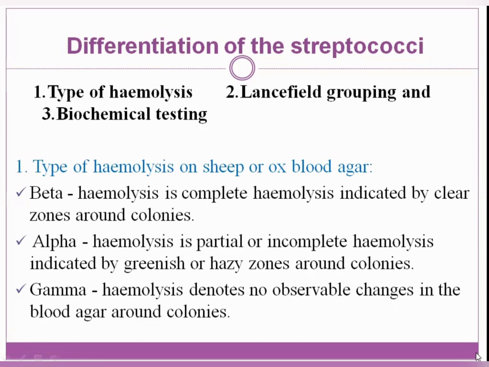Gamma hemolysis denotes no observable change in the blood agar around the colony. So mainly three types of hemolysis are produced by the different species of the streptococci on sheep or ox blood agar: beta hemolysis, alpha hemolysis, or gamma hemolysis.